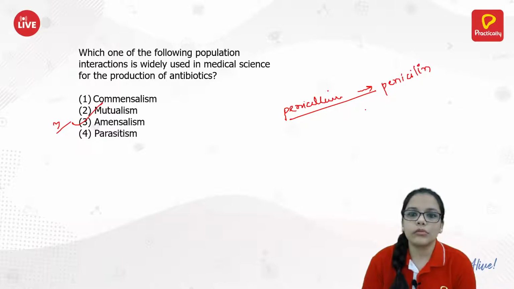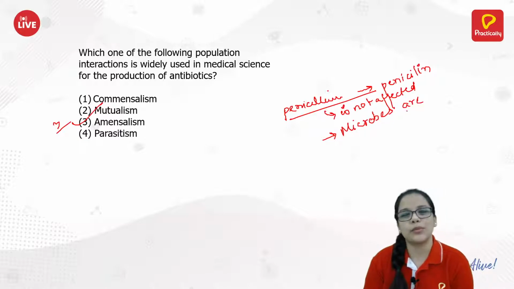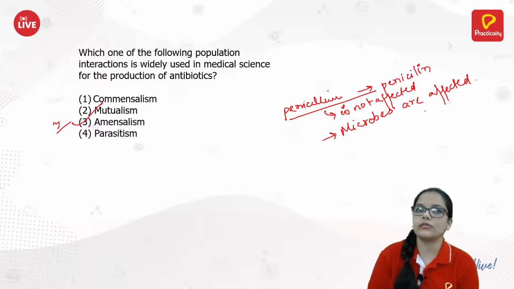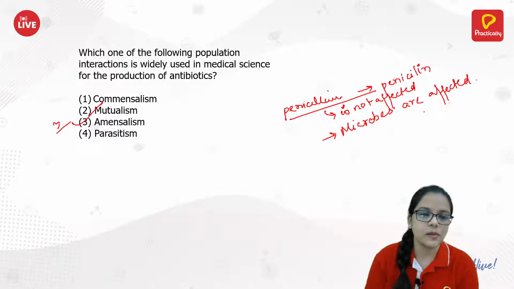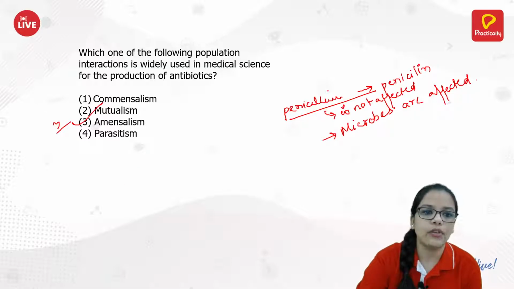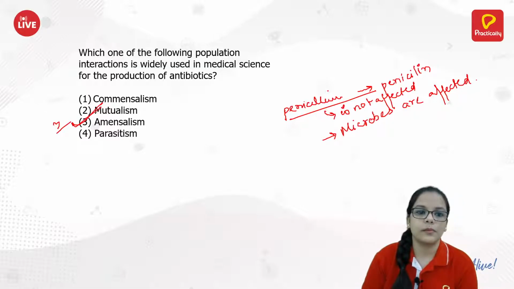The fungus is not affected when it's producing, but the microbes which come around it are affected, such as Streptococcus pneumoniae. So one organism is harmed, and the other one is not affected. That is a type of amensalism.